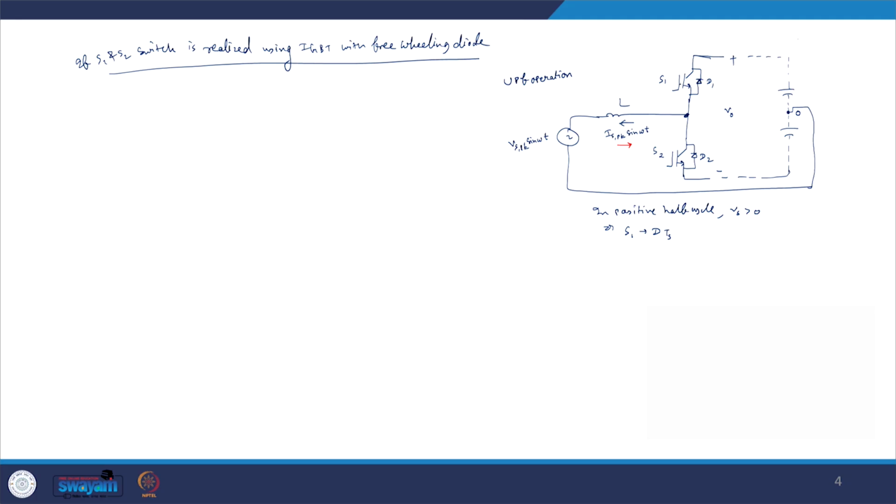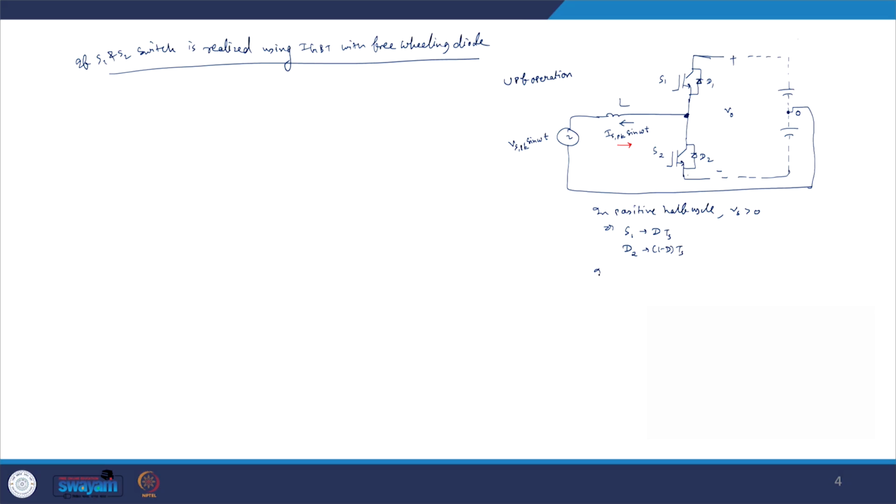While when the switch S1 is turned off, that means in 1 minus dTs period, because of the direction of the current, since it is coming out of this pole of the half bridge, the diode D2 will turn on and the current will start flowing through the diode D2 automatically. As a result, the diode will be conducting in 1 minus dTs period.